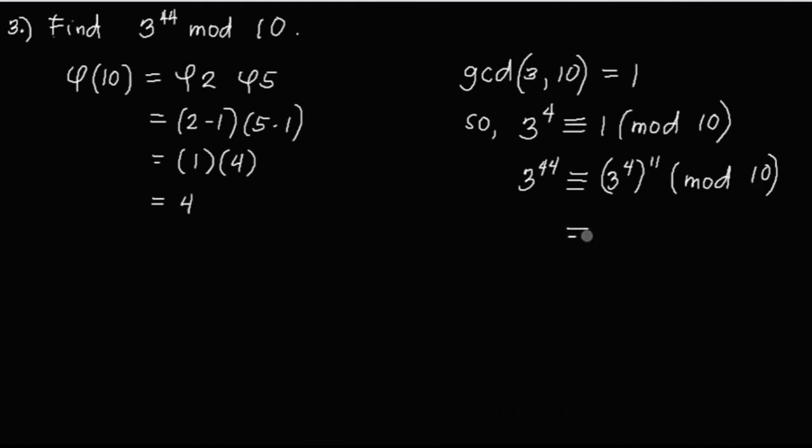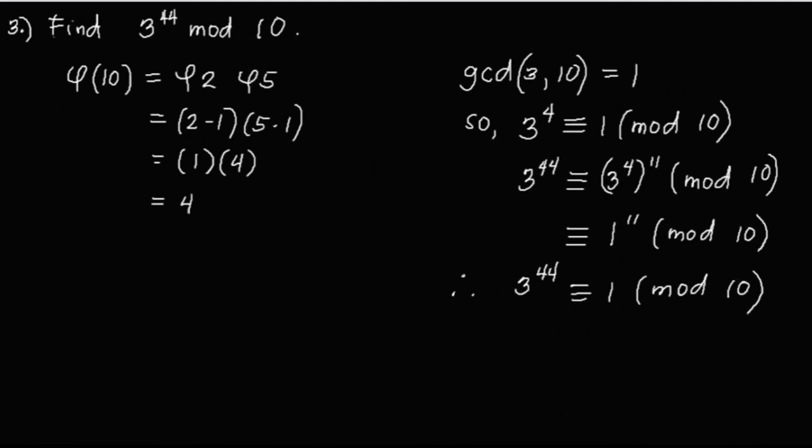And applying Euler's theorem, 3 raised to 4 is congruent to 1. So that will be 1 raised to 11 mod 10. And 1 raised to 11 is equal to 1. Therefore, 3 raised to 44 is congruent to 1 mod 10.